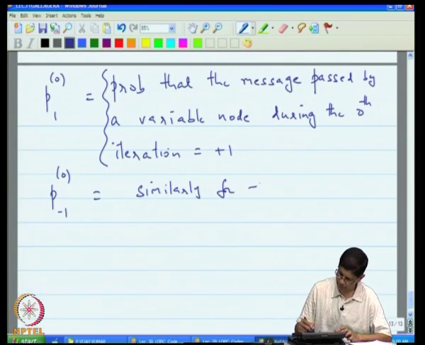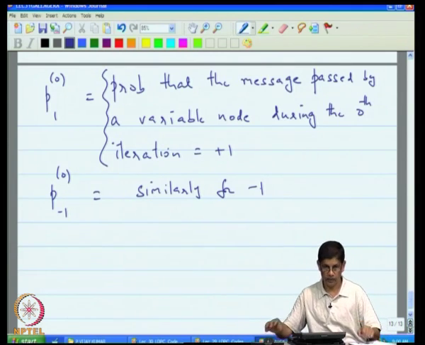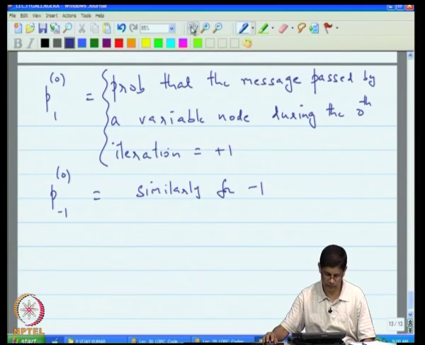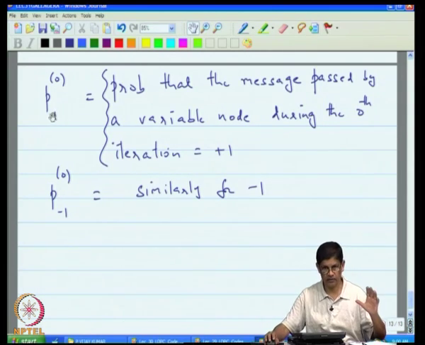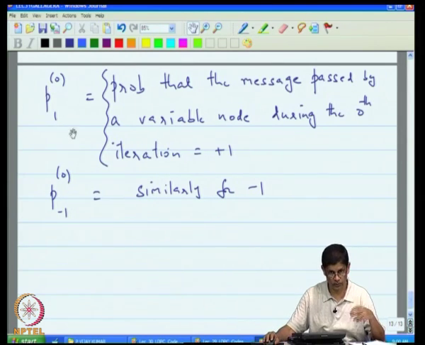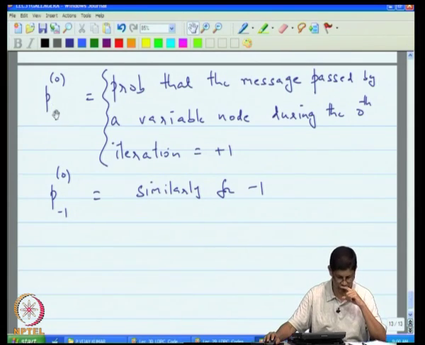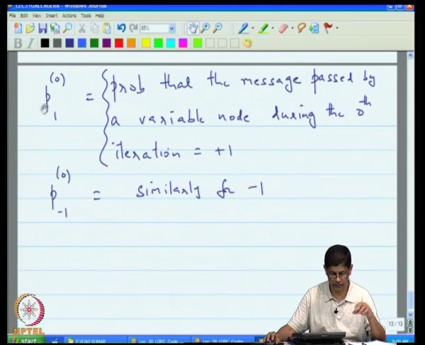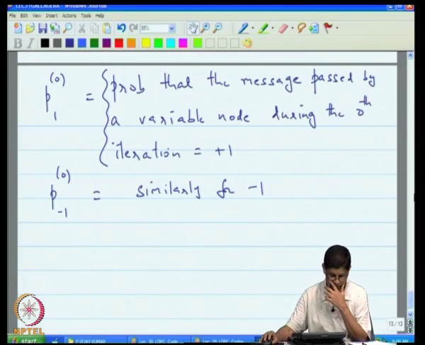Earlier we had used V and C to denote the variable and check nodes, but here we are going to distinguish between variable and check nodes with regard to the probability distribution by using letters P to denote probabilities associated with variable node messages and Q for check node messages.